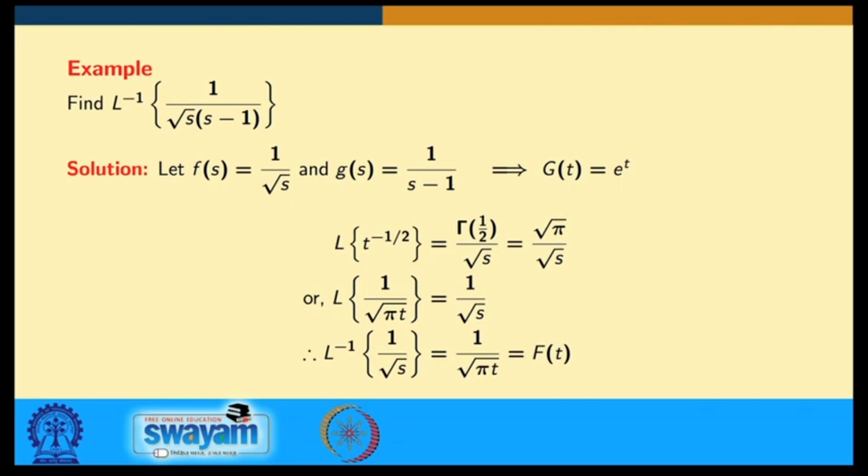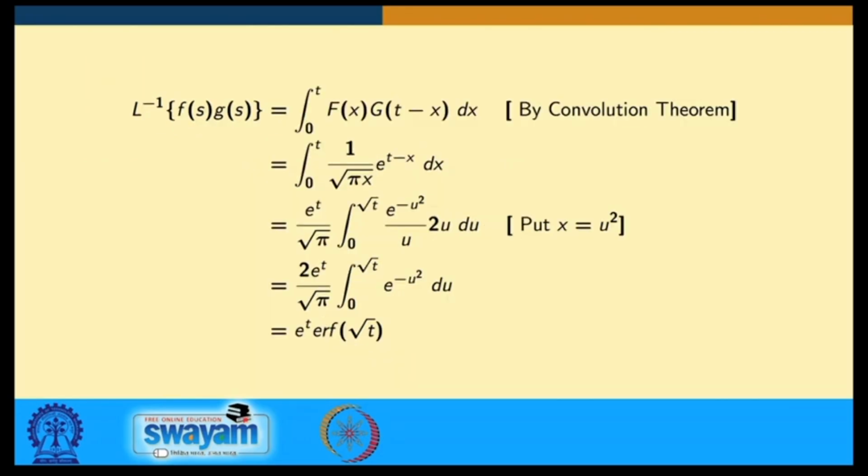Once I obtain f(t) and g(t), then by convolution theorem I can write the Laplace inverse of F(s) G(s) as the integral from 0 to t of f(x) into g(t minus x). Now, substitute the values of f(t) and g(t) here and evaluate the integral by following this method, and ultimately you will obtain the result e to the power t into error function of root t.